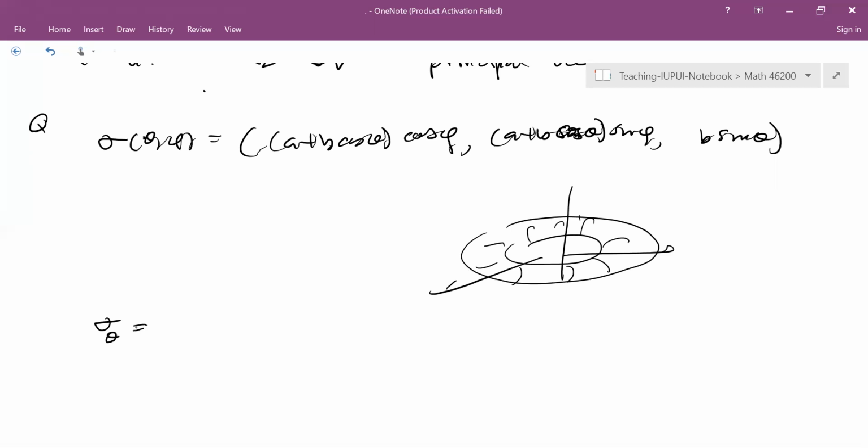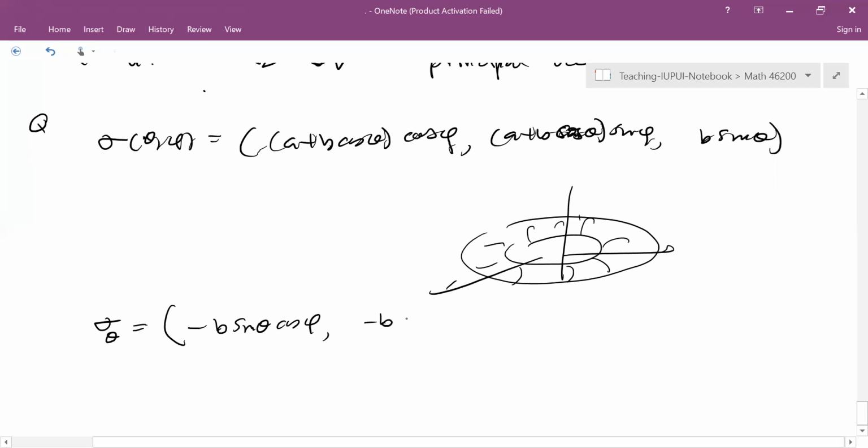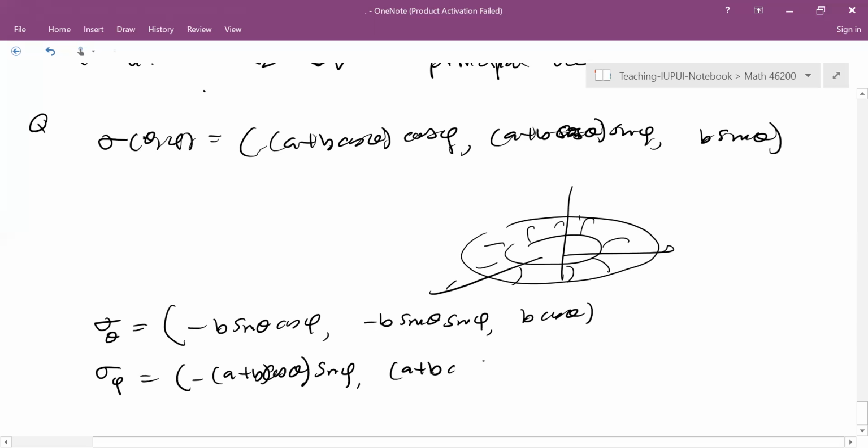The derivative with respect to theta is going to be negative b sine theta cosine phi, negative b sine theta sine phi, and b cosine theta. And sigma phi is negative (a plus b cosine theta) sine phi, (a plus b cosine theta) cosine phi, and 0.